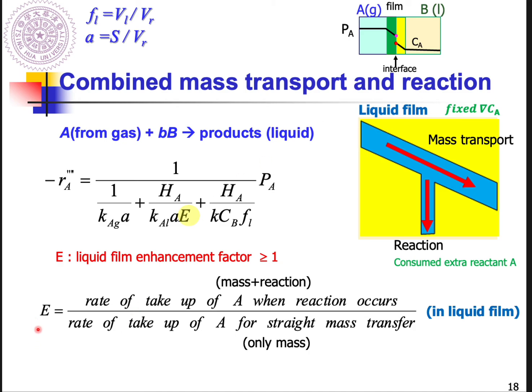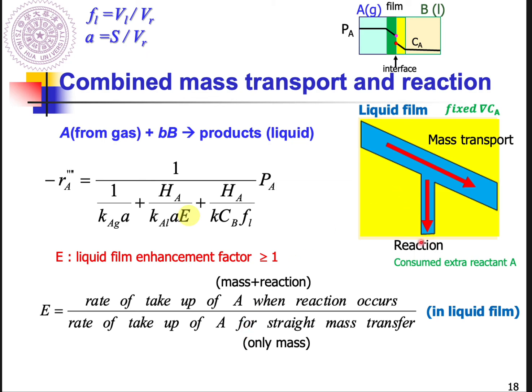So what's E? Based on the definition, it is the rate of take up of A when reaction occurs, divided by the rate of take up of A for straight mass transport, meaning mass transport only. So the numerator is the flux including both mass transport and chemical reaction, and the denominator is the flux for mass transport only.